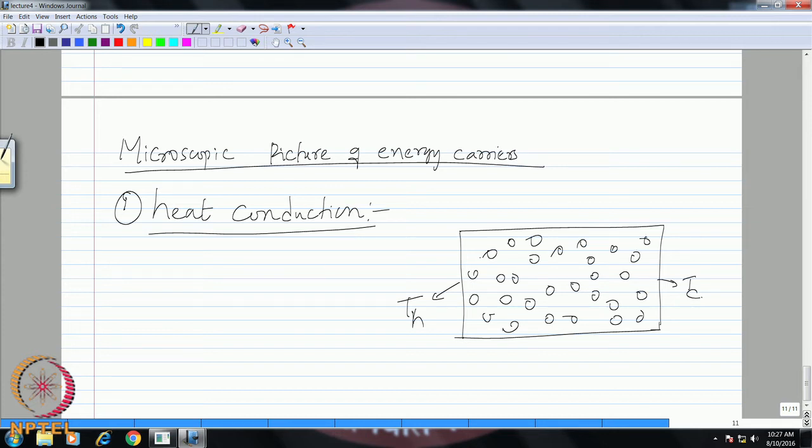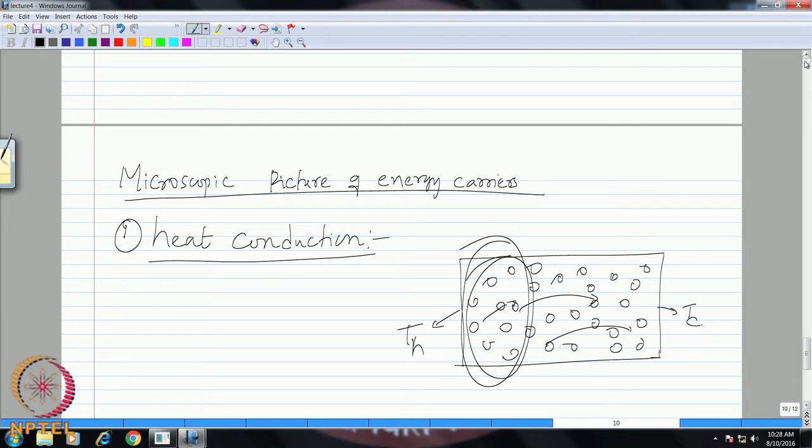So, when you talk about heat conduction here, what is essentially happening? The average kinetic energy of the molecules on the hot side is increasing when you heat the gas on the left side, and therefore the average collisions are also increasing on the left hand side, and gradually these collisions transfer the energy from the hot side to the cold side. This is what is happening at the micro scale.